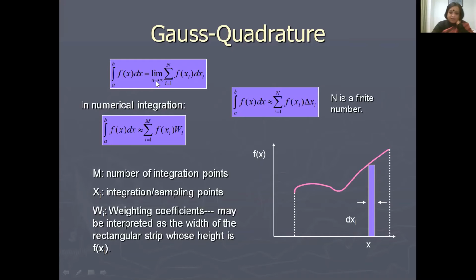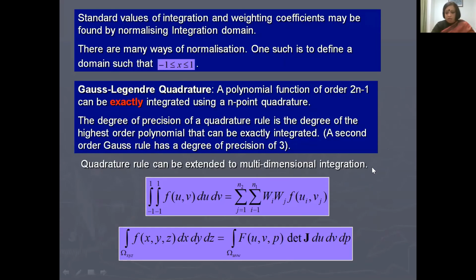What do I mean by that? Basically, let's say this is my point xi, and I can sample f(xi). In the trapezoidal rule, or if you're just using rectangles, you would evaluate this area.